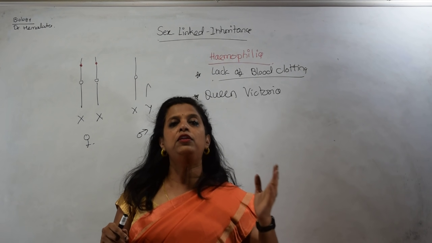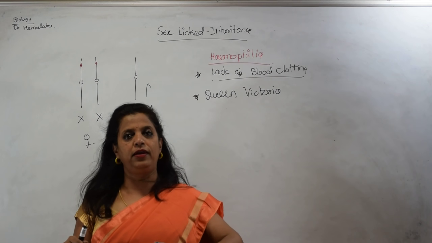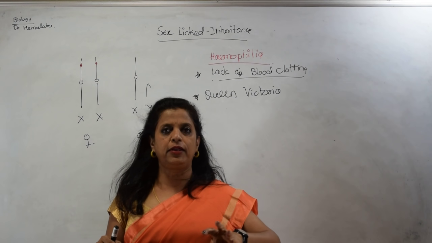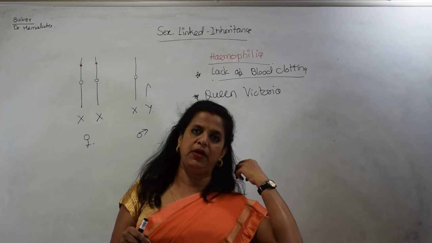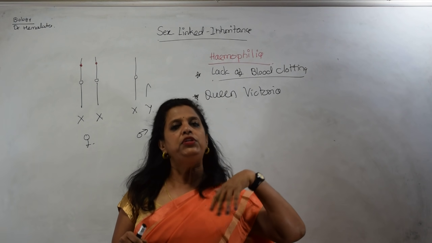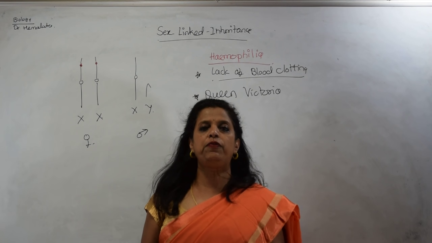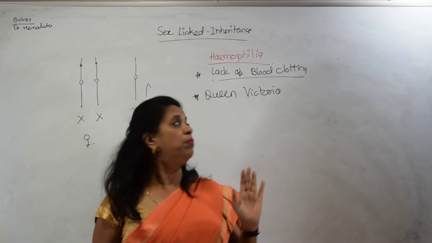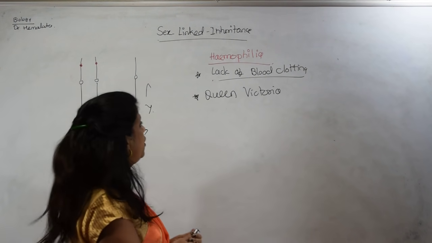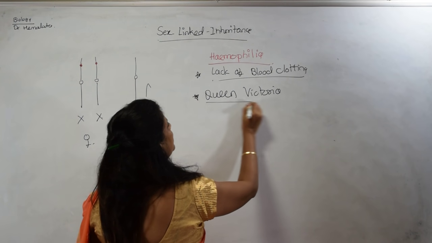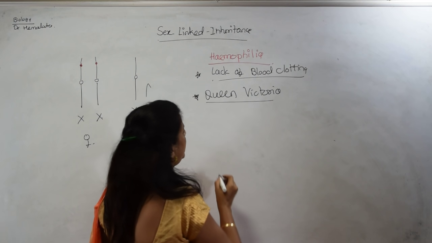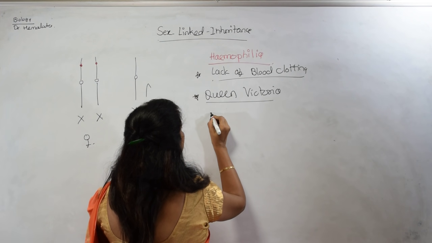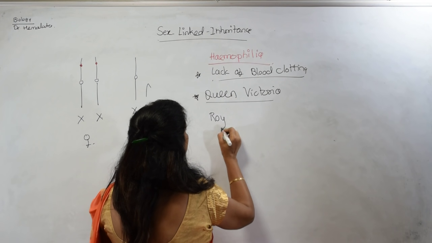They came to know that this non-clotting character was present in the mother, the woman, which was transmitted to the children. Therefore, they declared it a genetic disease. And because of this discovery in the royal families of England, it is called the royal disease.